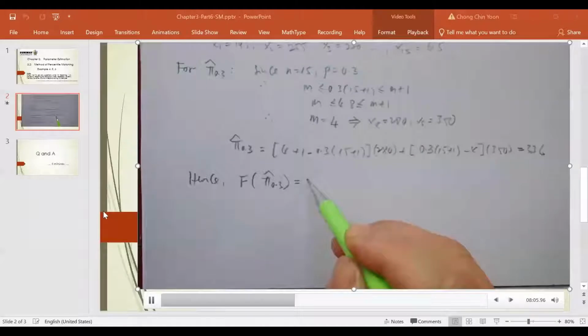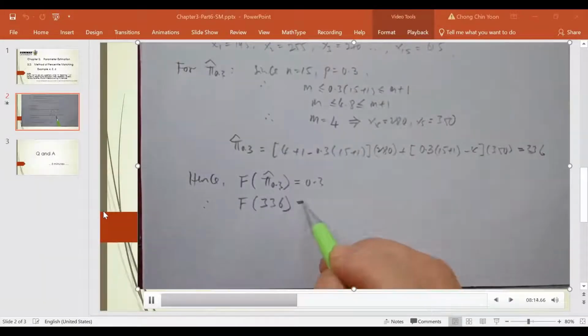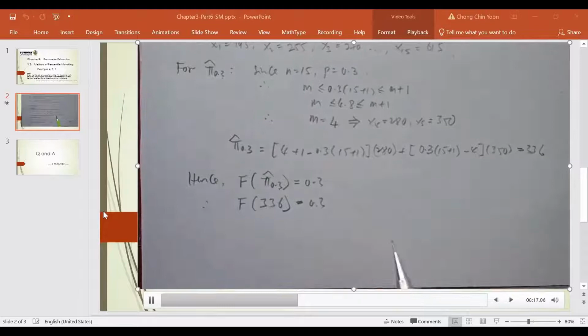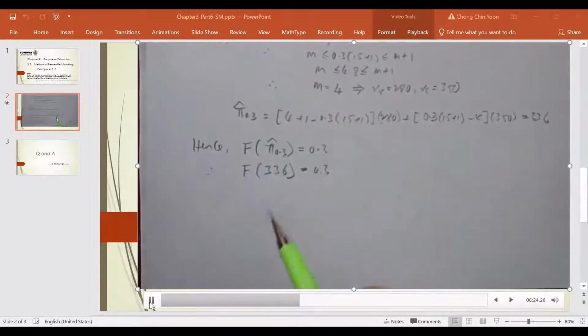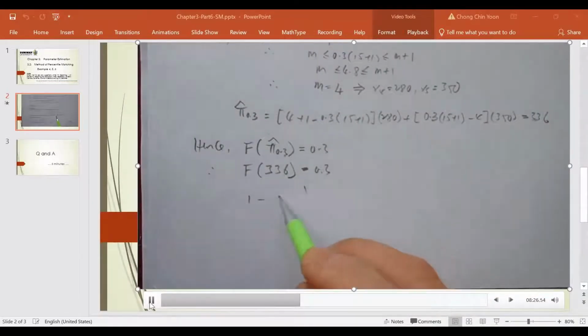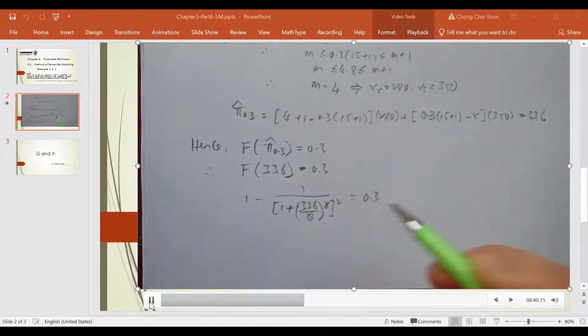So therefore, the CDF at this value, which is 336, is equal to 0.3. So substitute the x value inside here. I will have 1 minus 1 over 1 plus x, that is 336, divided by theta, to the power of gamma, and square it, which is equal to 0.3.